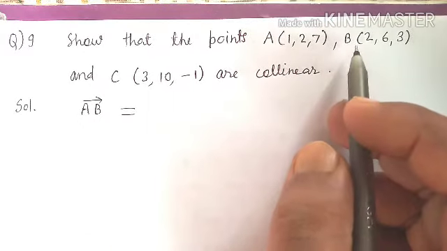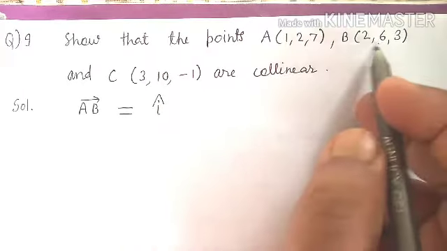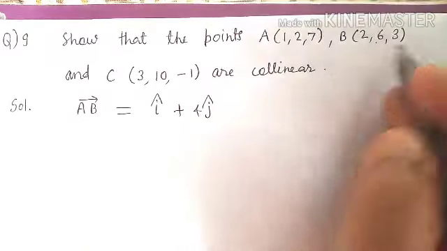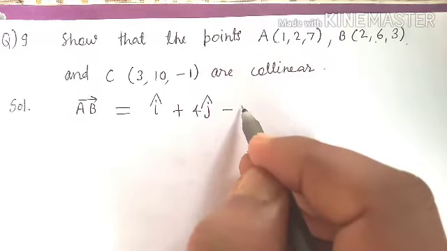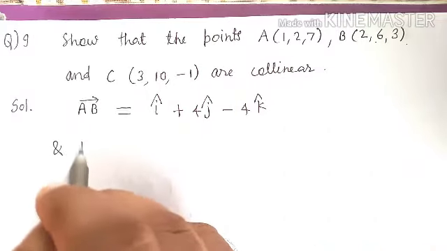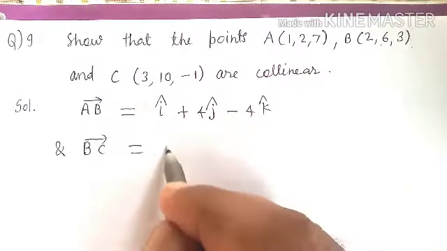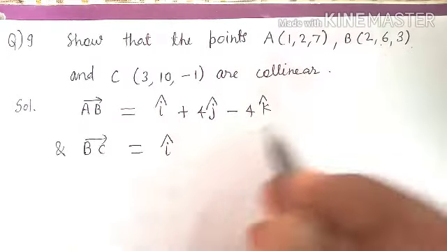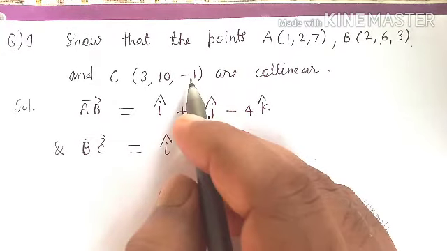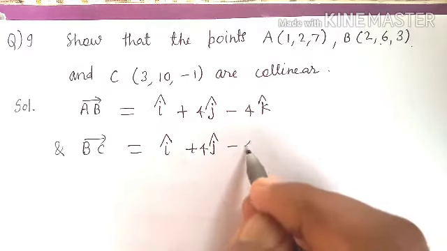Vector AB is (2 minus 1) i cap, (6 minus 2) j cap, (3 minus 7) k cap. And vector BC is (3 minus 2) i cap, (10 minus 6) j cap, (minus 1 minus 3) k cap.